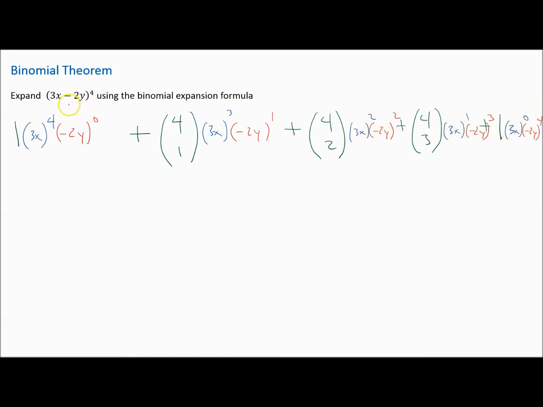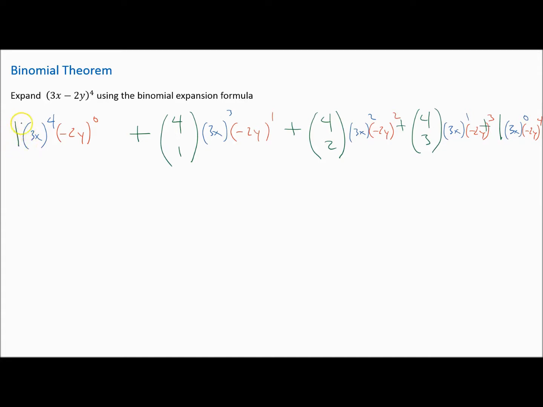Then you look at your second term, negative 2y, and it counts up. So at the first expansion, the first term of expanding, it's to the 0, then negative 2y to the 1st, negative 2y squared, negative 2y to the 3rd, and negative 2y to the 4th. Then after that, it's just a bunch of number crunching.